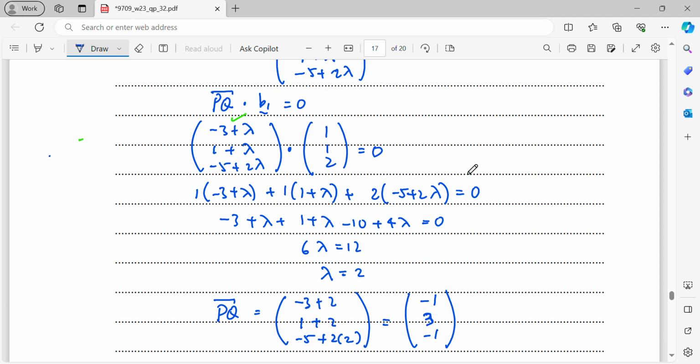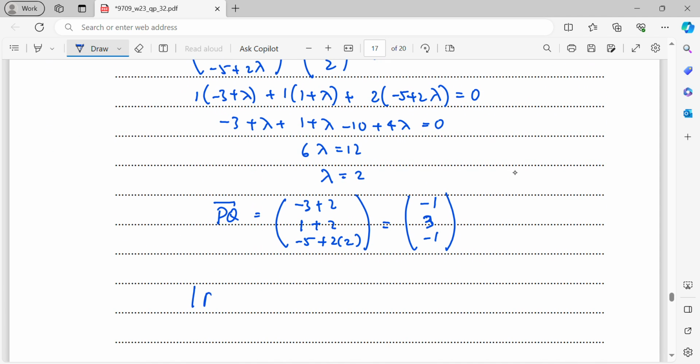Okay, this is the vector PQ. Therefore, the length PQ is the square root of minus 1 squared plus 3 squared plus minus 1 squared. So at last, you are getting square root 11. So this is the perpendicular length.